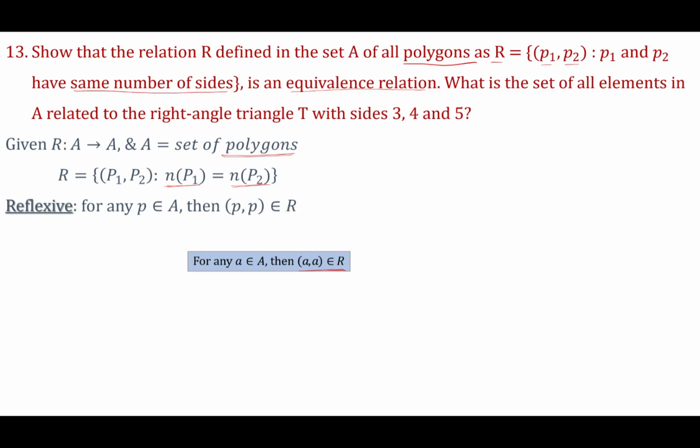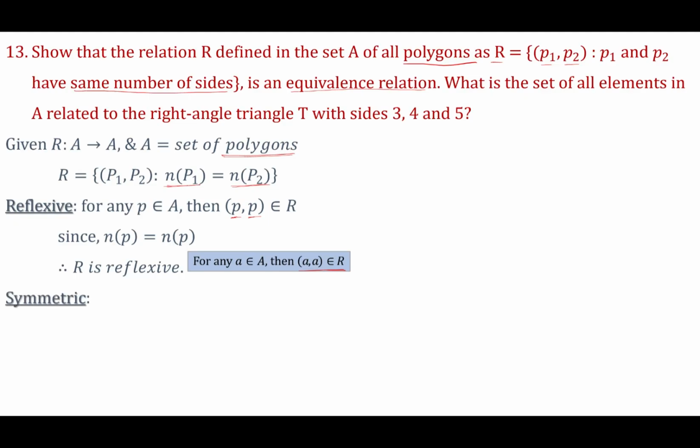Since the number of sides in polygon P is the same as the number of sides in polygon P, because we are considering the same polygon, which means the number of sides of that polygon must be equal. So the given relation is reflexive.